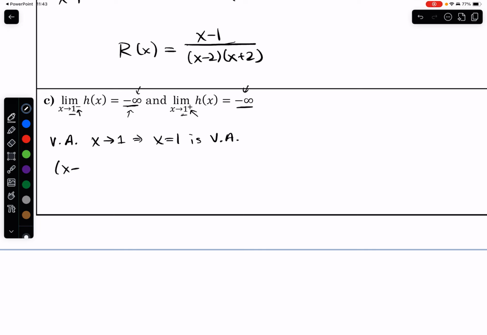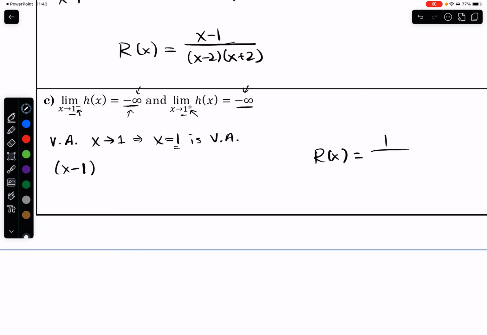And we can only get a vertical asymptote if this x minus 1, the opposite of this number, is what makes the denominator equal to 0. So x minus 1 would be a factor of our denominator. So r of x will have to equal some number over that, because we don't know if there are any zeros here, since we're not given that fact.